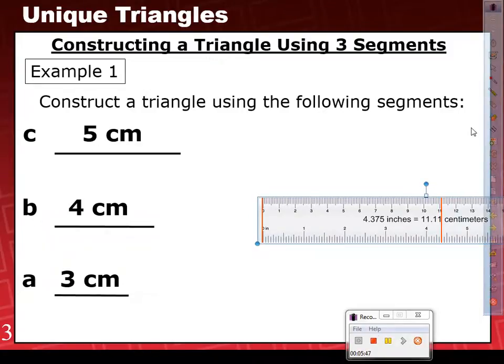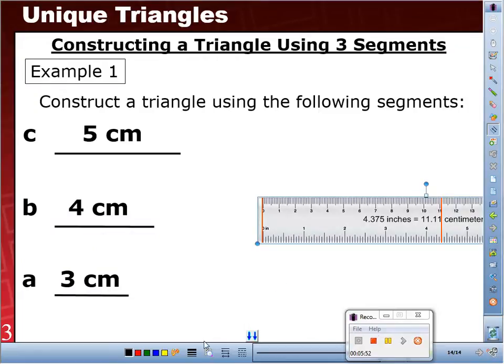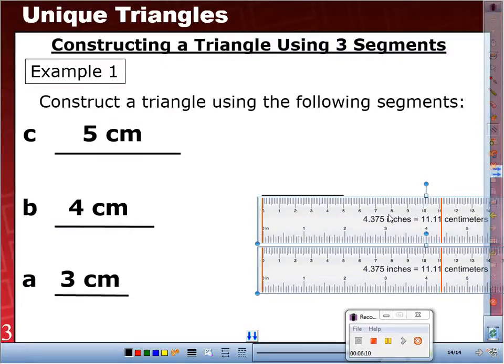5 centimeters. So you're going to get your ruler, and then you're going to put your pencil, look up, not on the edge of the ruler, on 0. On 0, you're going to place your pencil there, and then draw a segment up to 5 centimeters. Did everybody see what I did?